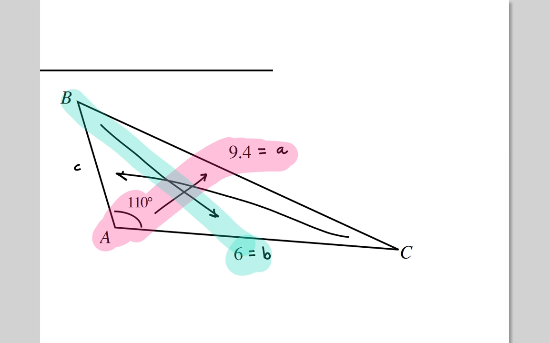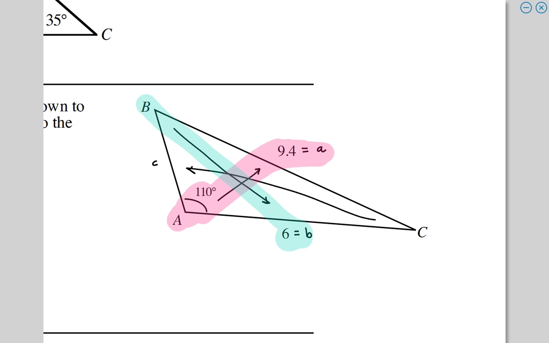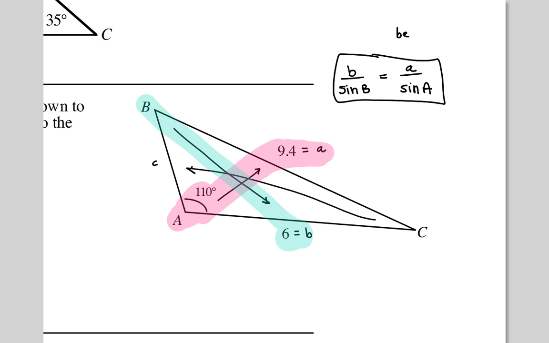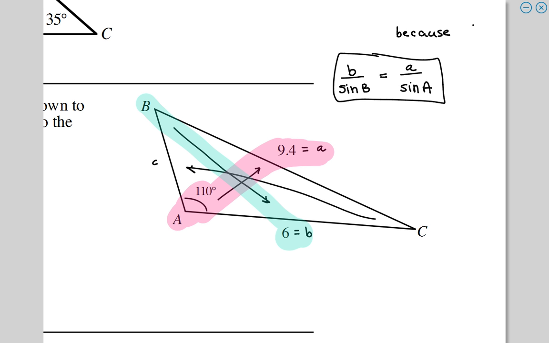So the only one that we can solve for right now is capital B. So it'll be like this: b over sine B equals a over sine A. That's what we're going to use, because C is all unknown. So you can't work with C right now. You can only work with B and A.